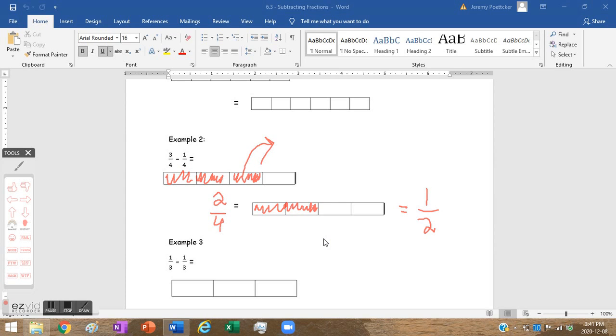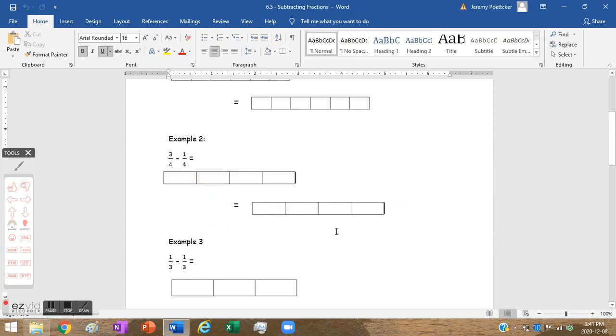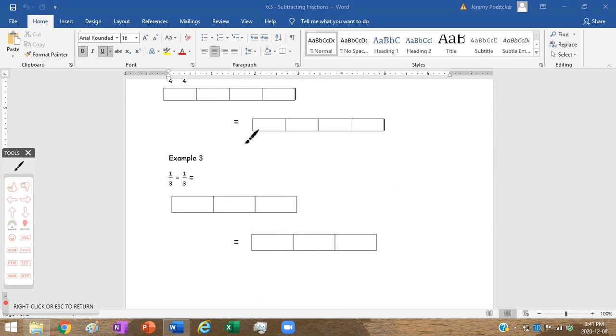Alright, moving on to example 3. So 1/3, it's easy to model. I'm going to take away 1/3, there it goes, bye-bye. And I'm left with nothing. If you want to show that you understood that there's nothing left, we can circle this just to show that it's empty.